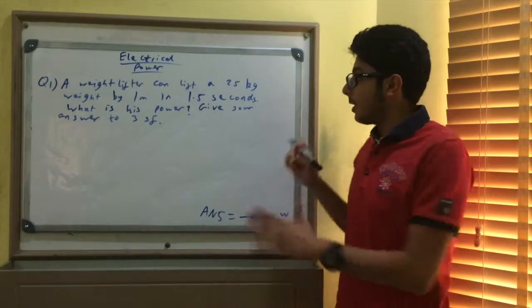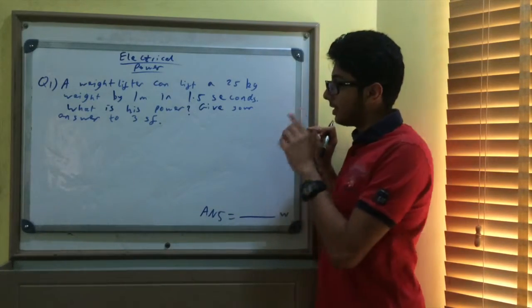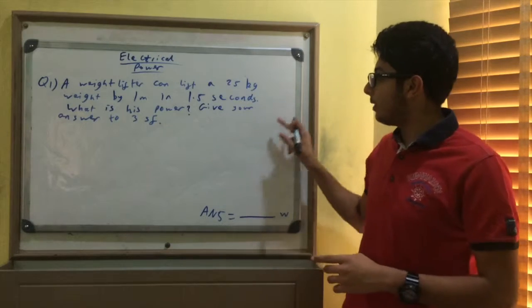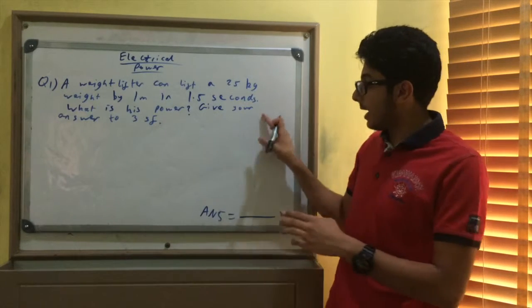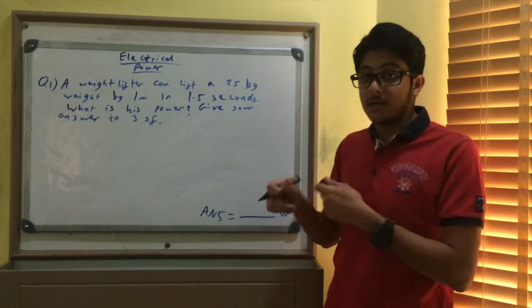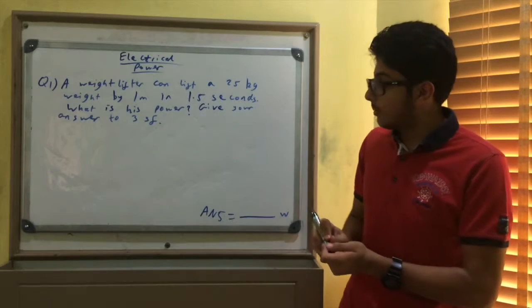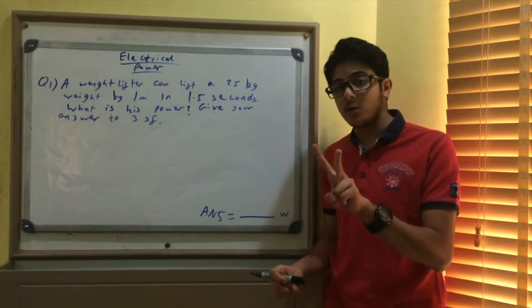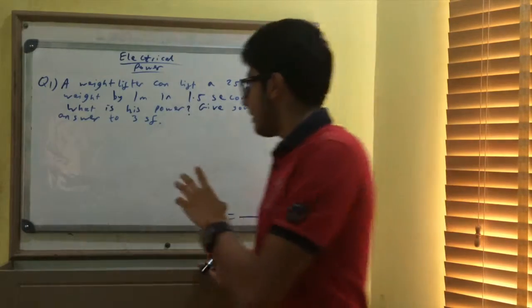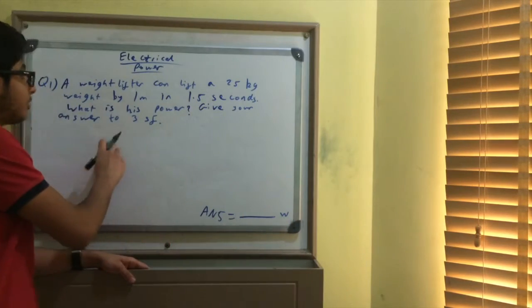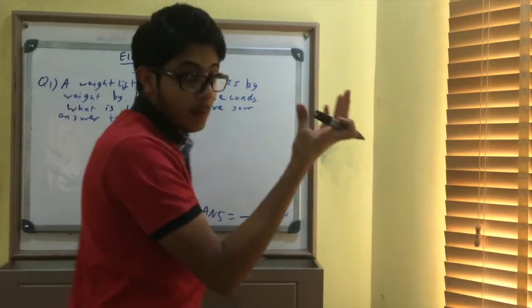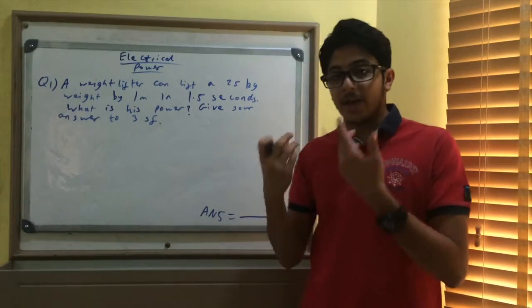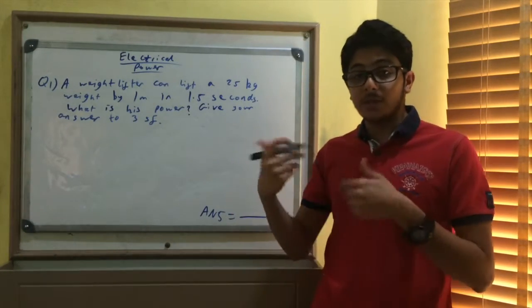Next question. A weightlifter can lift a 25 kilogram weight by 1 meter in 1.5 seconds. What is his power? Give your answer to 3 significant figures. Now this is a much harder question because you need two equations to solve this. First of all, if someone lifts something up, what type of energy transfers are going on?